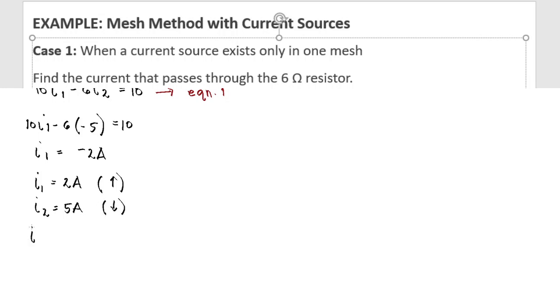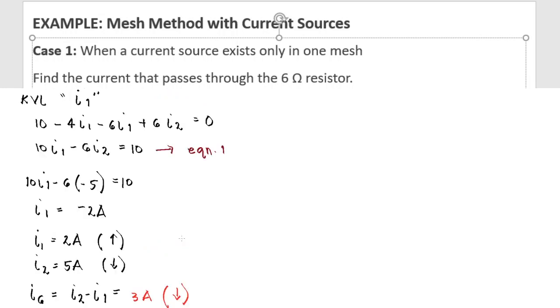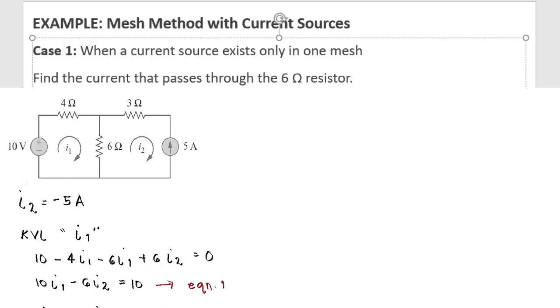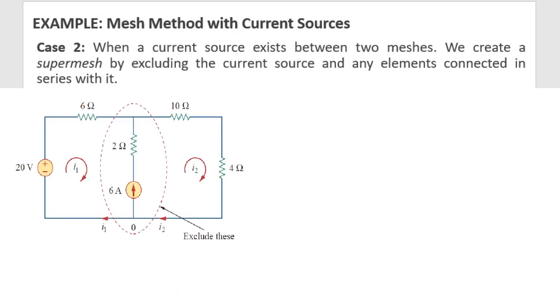Therefore, our I6 will be equal to I2 minus I1, which is equal to 3 amperes, and it follows the direction of I2, which is downward. So that's how you are going to solve mesh method to circuit diagrams with current source existing only in one mesh.